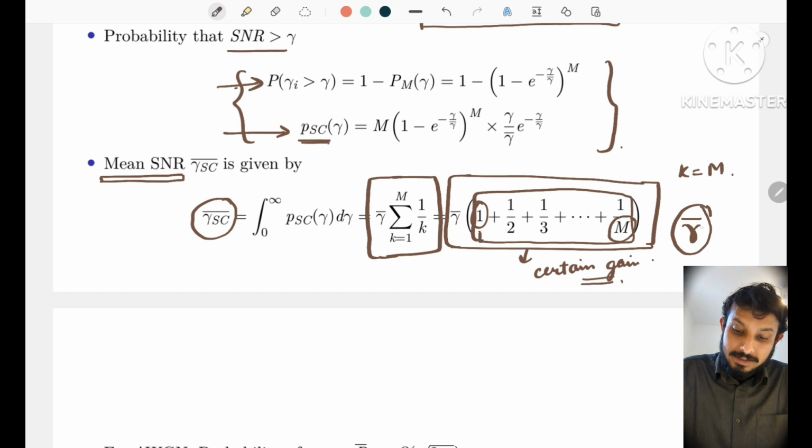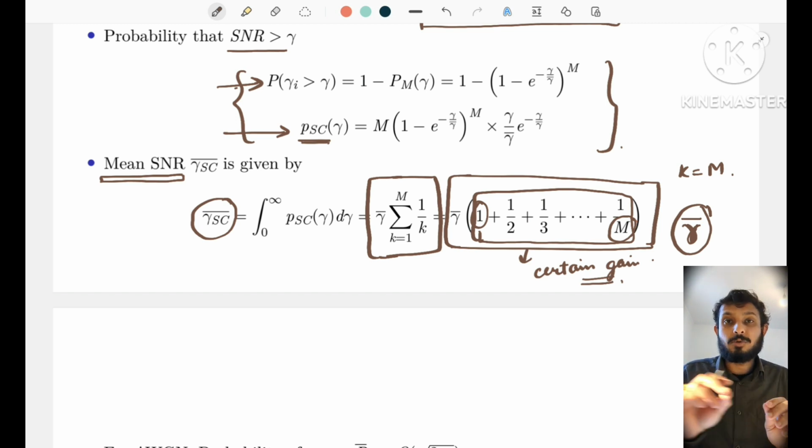We are not saying that this will be optimal, but we are saying that we can achieve a certain kind of gain when we have multiple antennas at the receiver and we are using selection combining. That means we are selecting the signal that is best corresponding to each of the branches. We just select the best branch.